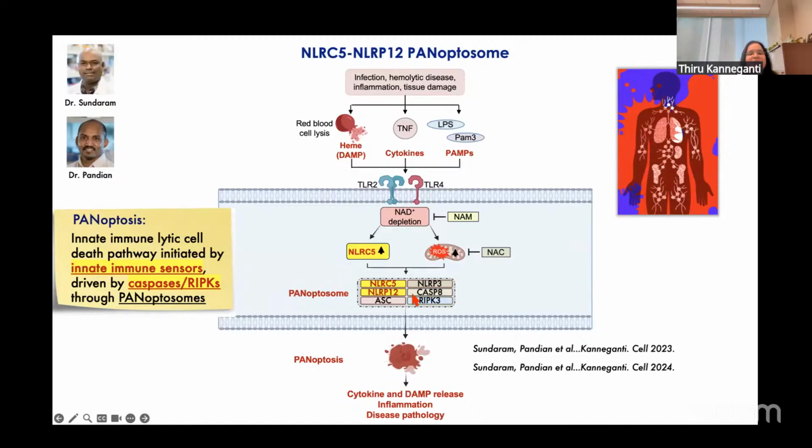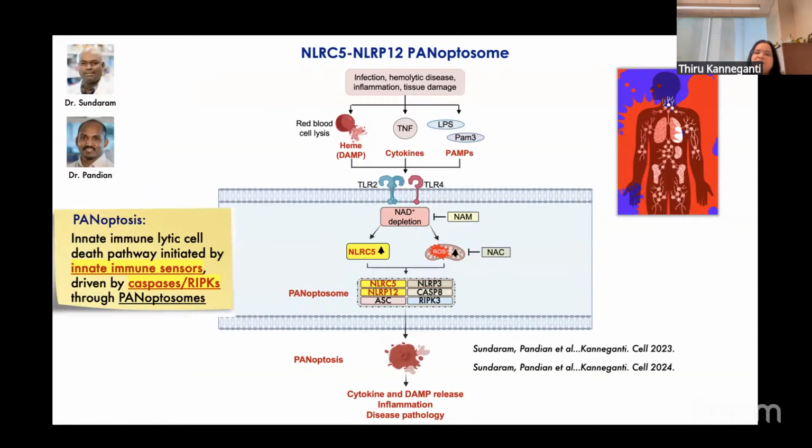And if you can appreciate this, mimicking physiologically relevant conditions, like a combination of heme, PAMPs, or cytokines, could be sensed by TLRs, TLR4, TLR2, and the cytosolic sensors. There's a beautiful network of innate immune sensors assembling the complex, again driving the network of executioners, driving pore formation or membrane damage.